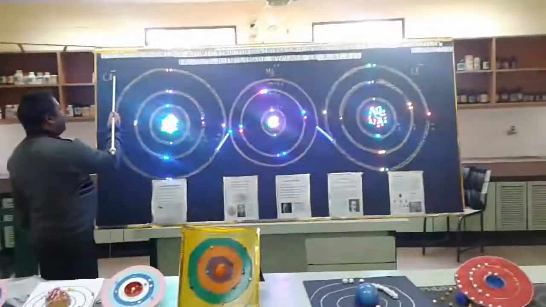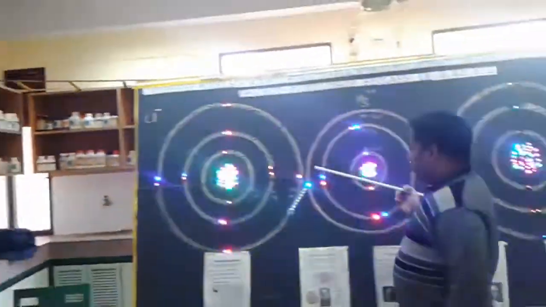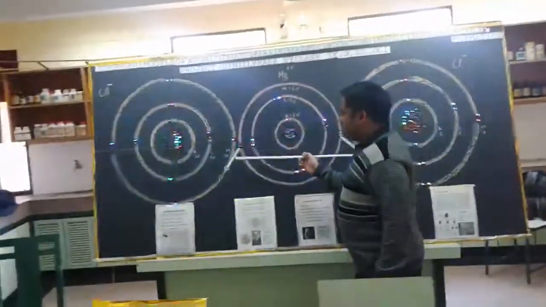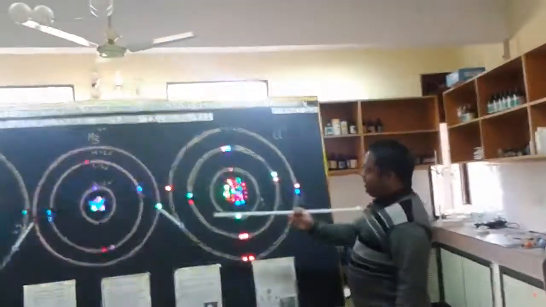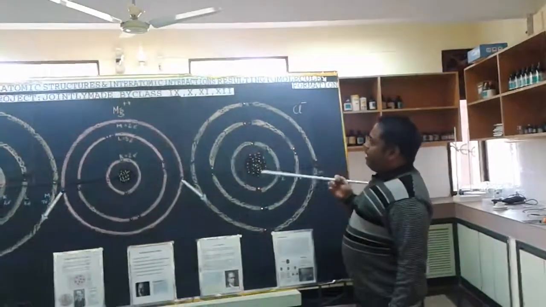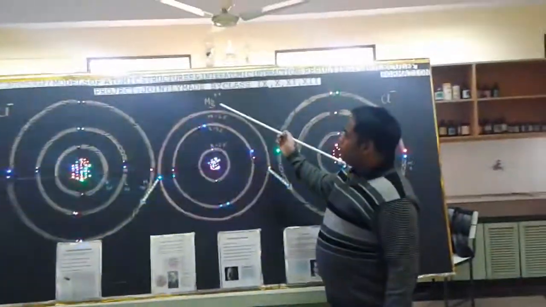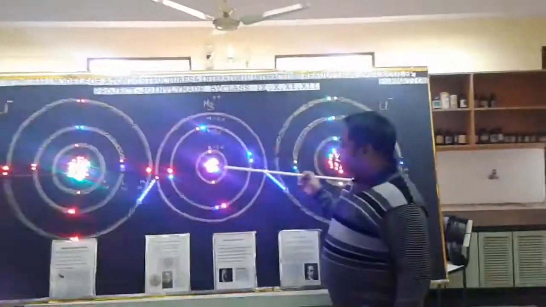No sooner do they form chloride ions, they develop charge. One negative charge, because each has gained one negatively charged particle, which we call an electron. Here also this chlorine atom is gaining one electron, it is becoming chloride ion, and this is magnesium ion having 2 positive charges, because it is losing 2 electrons.